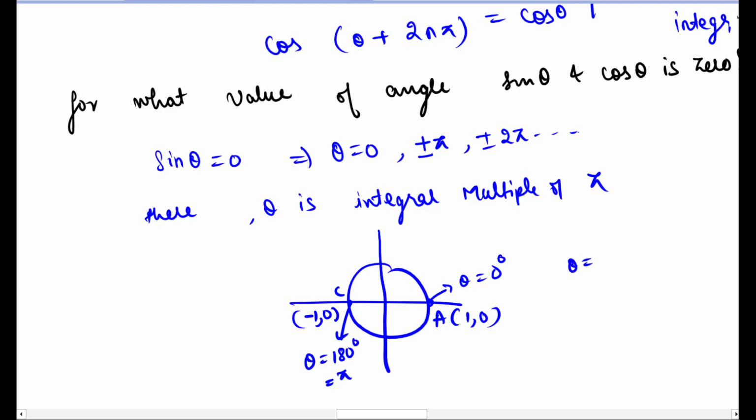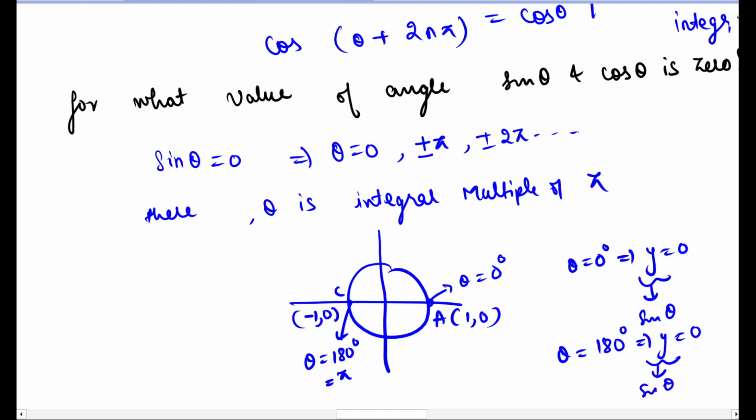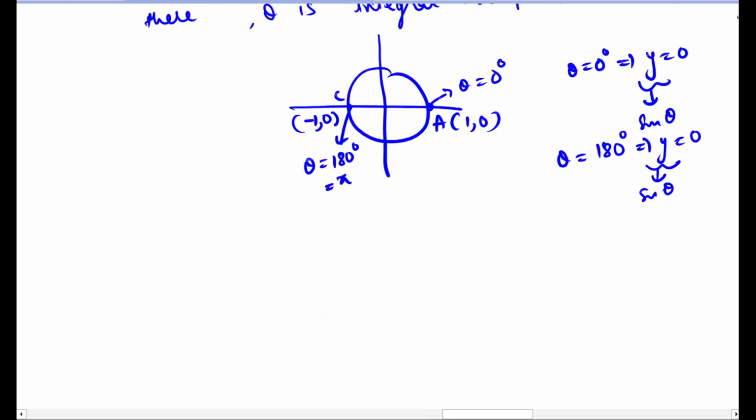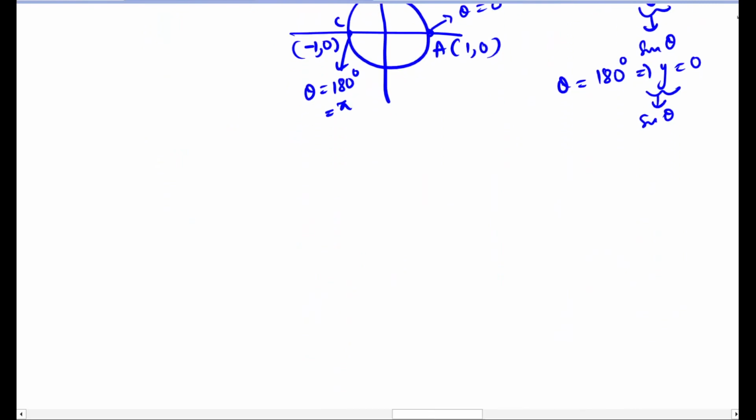So at theta equal to 0, we have y equal to 0, which is sine theta. At theta equal to 180 degrees, we have y equal to 0, where y is sine theta. So if sine theta is 0, then theta is equal to n pi, where n belongs to integers.